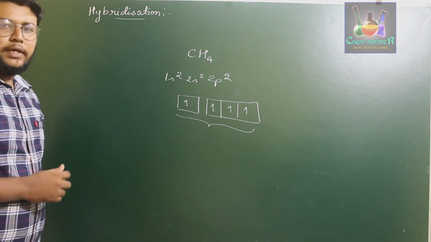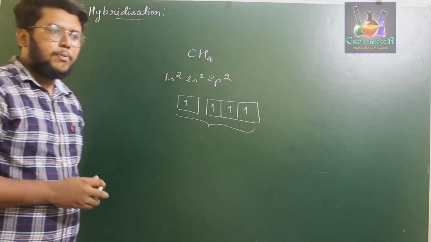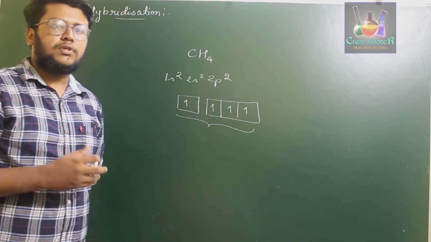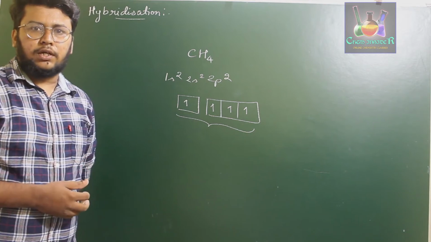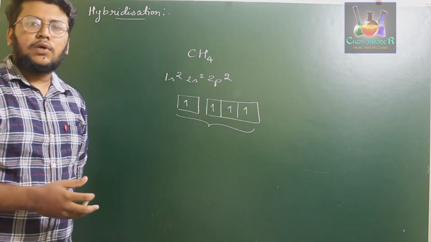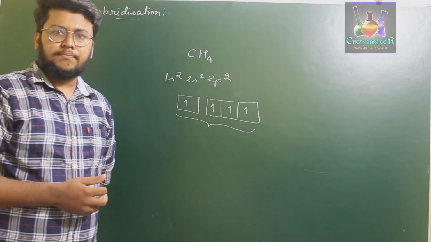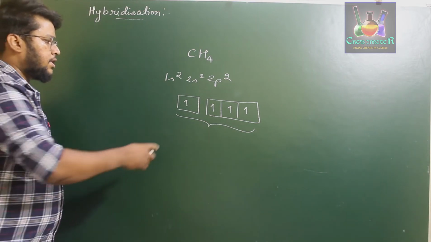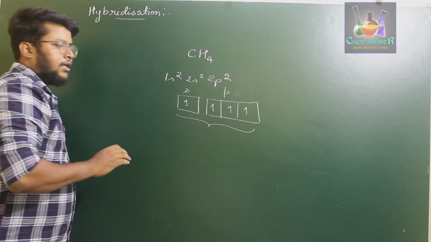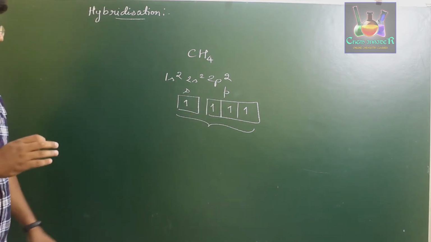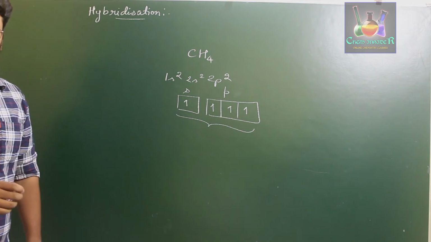Therefore, Pauling explained that the atomic orbitals which have almost the same energy might get hybridized with one another to form an equal number of hybrid orbitals. Even though the s orbital and p orbital have almost the same energy, they are not equivalent.